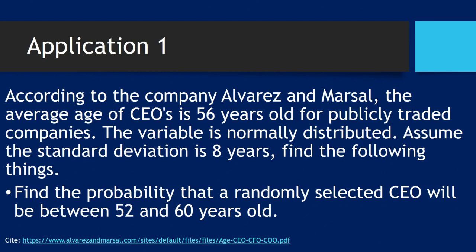So basically we know we're on the normal curve with a mean of 56 and a standard deviation of 8. This first question asks for a probability: what's the probability that if you select a CEO at random, they're between 52 and 60 years old?